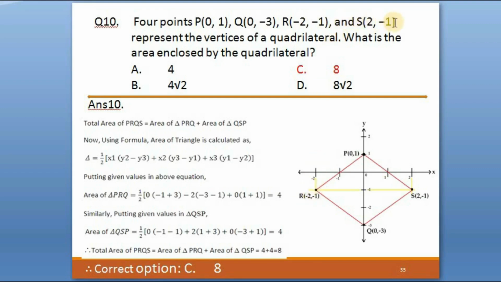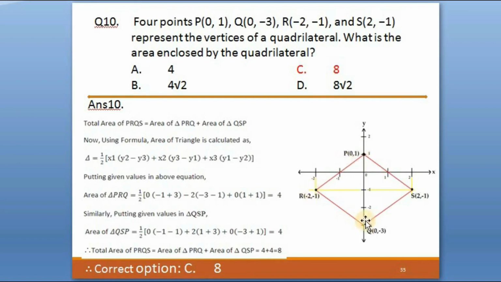So we will join these points, and by joining we have framed the quadrilateral, right? Now he is asking about the area enclosed by this quadrilateral. Since vertices are given, the best method is to apply the formula of triangles to calculate the area.